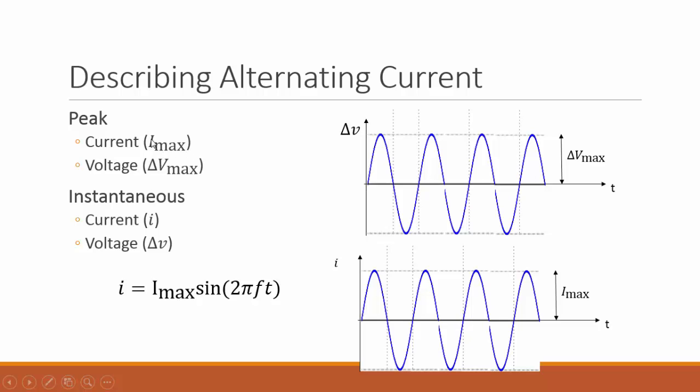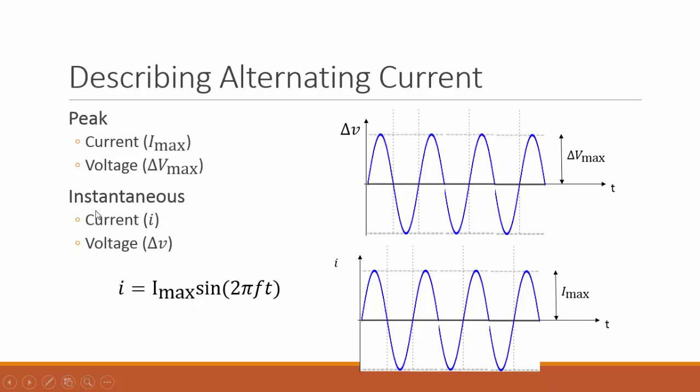For example, the maximum current is I sub max. The other thing we're going to talk about is an RMS value, which will be I sub RMS. Both of these describe the amplitude of the wave, and we'll use capital letters for that. We'll use lowercase letters to mean exactly at this second, where are we on this curve.